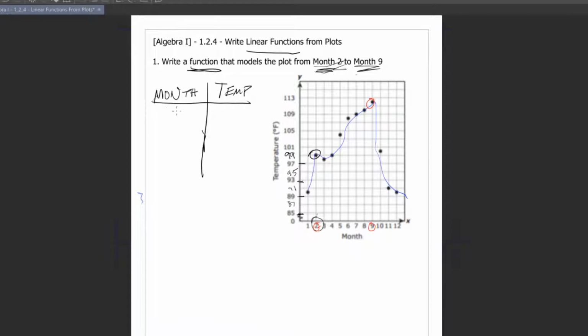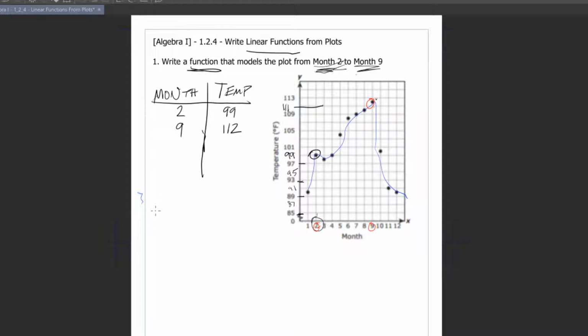Now, taking a look at this first value, we have month 2, and we know the temperature is 99 degrees F. Let's take a look at month 9, which we're going to also add to this table, and we're going to go up, and we know this line right here is 111. It's in between 111 and 113, so we're going to call that 112.